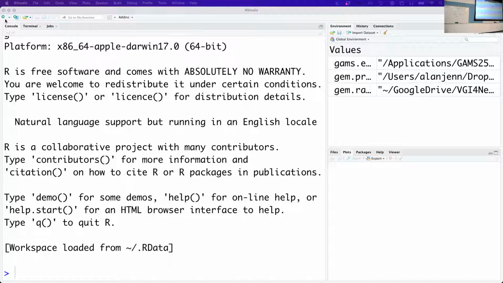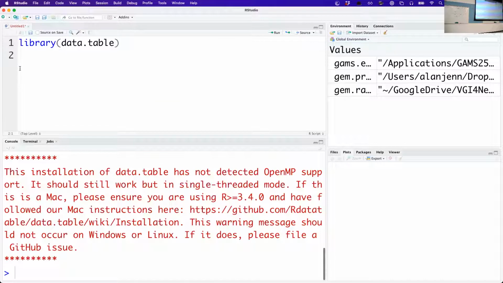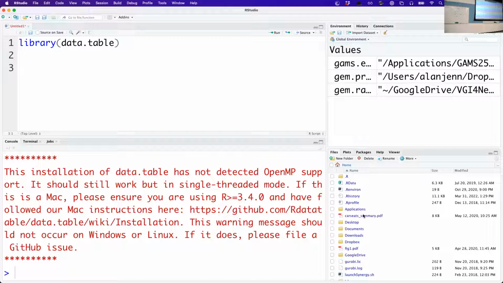Let's start a new worksheet over here. And okay, let me navigate over to my lecture 7.